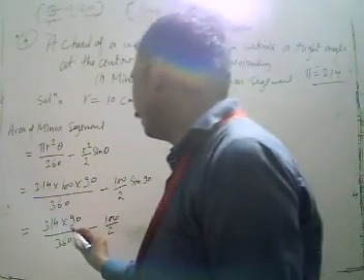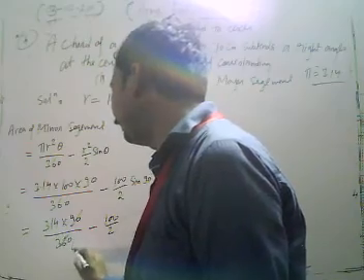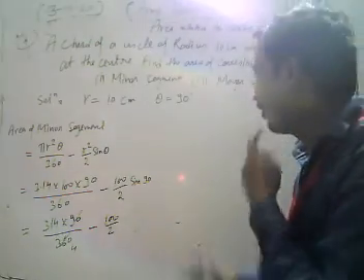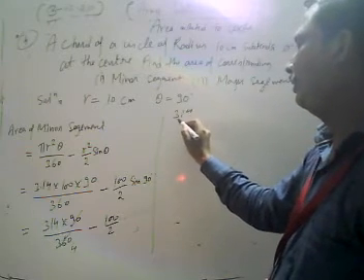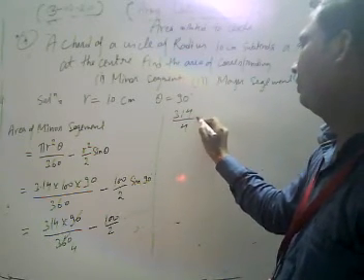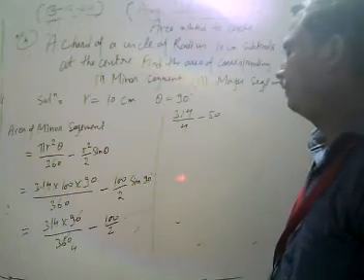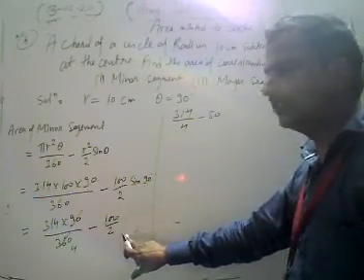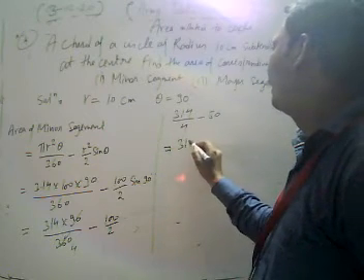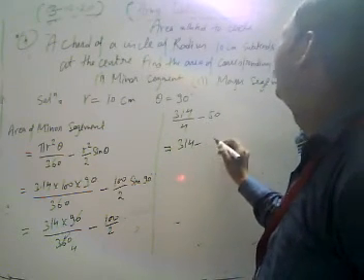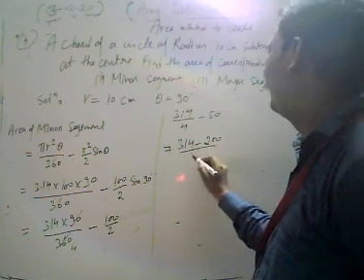Now here we have 314 upon 4 minus 50, since 100 divided by 2 is 50. Now taking LCM, we have 314 minus 200, divided by 4.